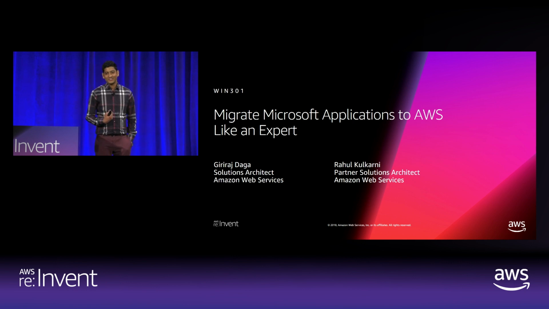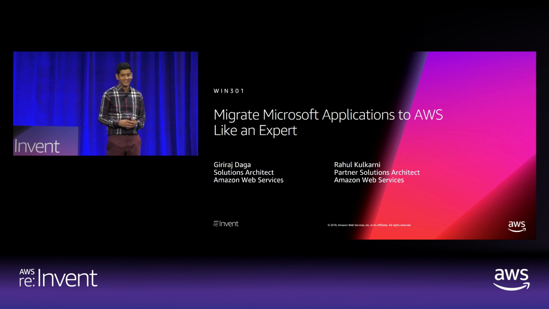So I'm Giriraj Daga, Solution Architect. I've been with AWS for almost 2 years. I started working with .NET technology. That was my first project, converting a .NET 1.1 app to .NET 2.0 way back in 2006. Crystal report dependencies, trying to work with stored procedures, optimization. So it's a very special moment for me to be standing before you here talking about migrating Microsoft applications to now AWS.